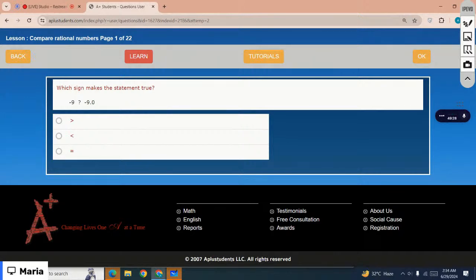Which is the correct option? They both are exactly equal, right? The correct option is equal.